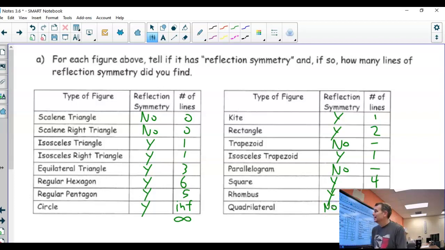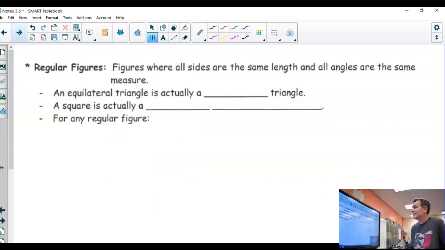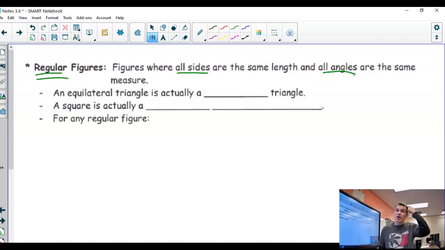All right. Let me talk about a couple things on the back here, and we're going to be done. First of all, a regular figure. Figures where all sides are the same and all angles are the same are called regular figures. And you at this point should know a couple regular figures. You should know at this point an equilateral triangle, right?